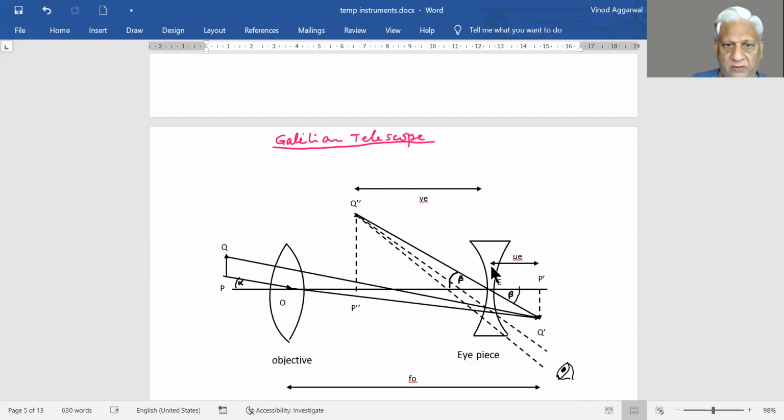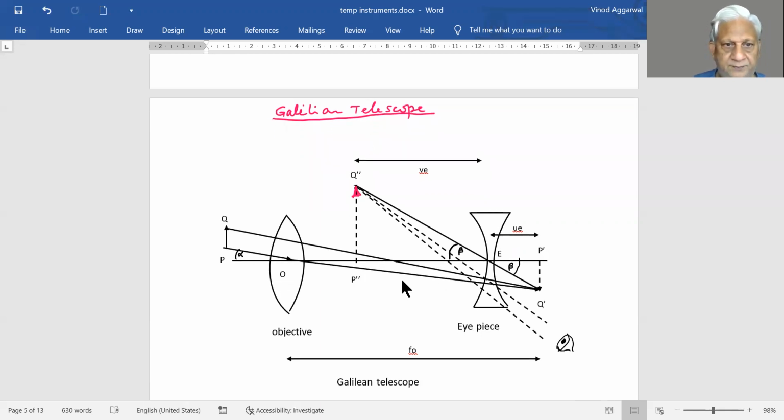And now the beauty of this concave lens is that without adding any extra lens, we get an erect image. Our image is erect. This is the advantage, and we don't have to use any in-between lens. So let's explore this one.